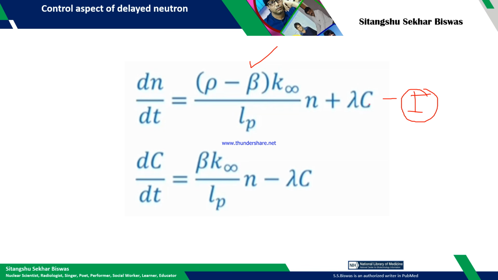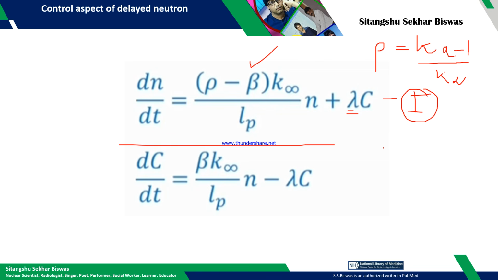I have also introduced one more term called rho, which is reactivity. That is basically K effective minus 1 divided by K effective. Now here, what is this lambda?